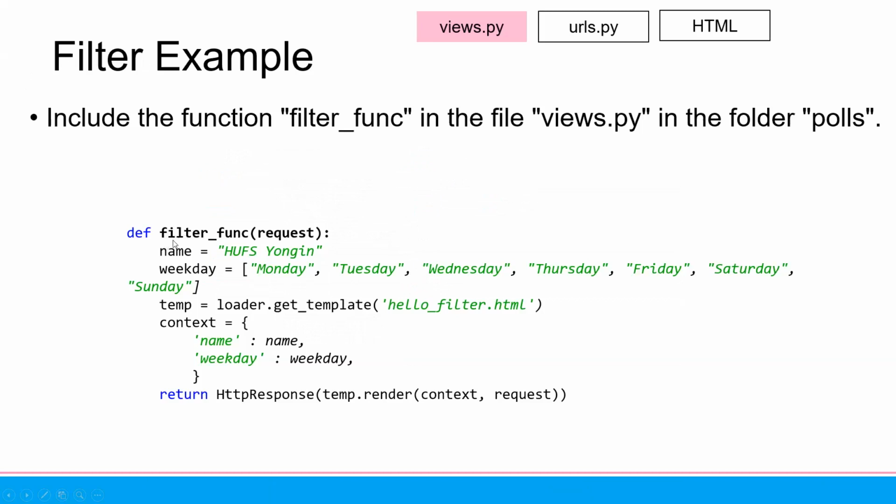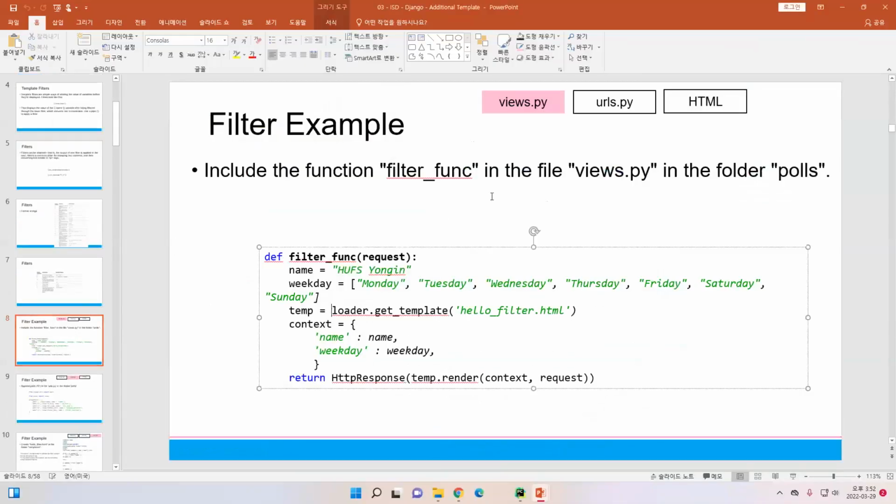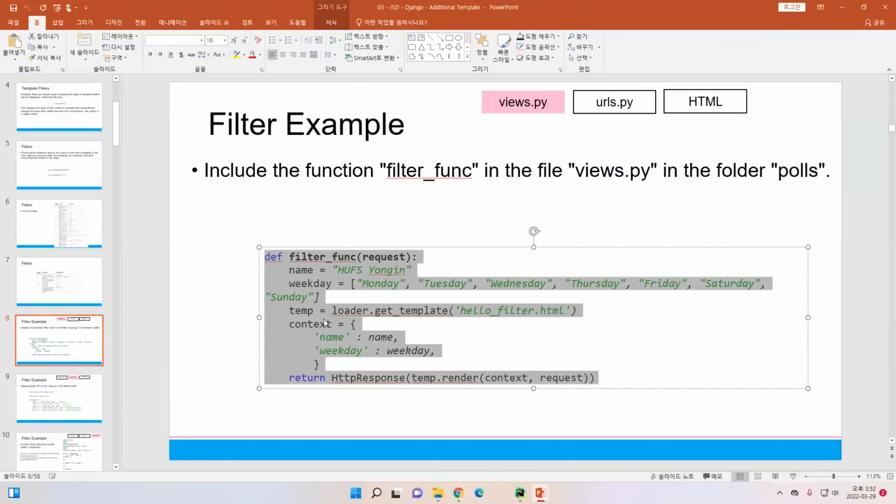So let's see how we use this filter function. Now let me use the folder polls. I will just use the folder polls, and I will make this function.